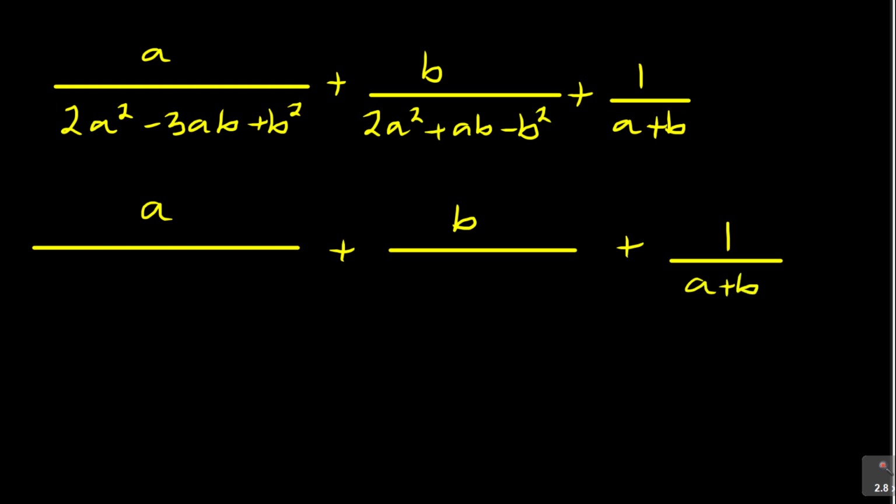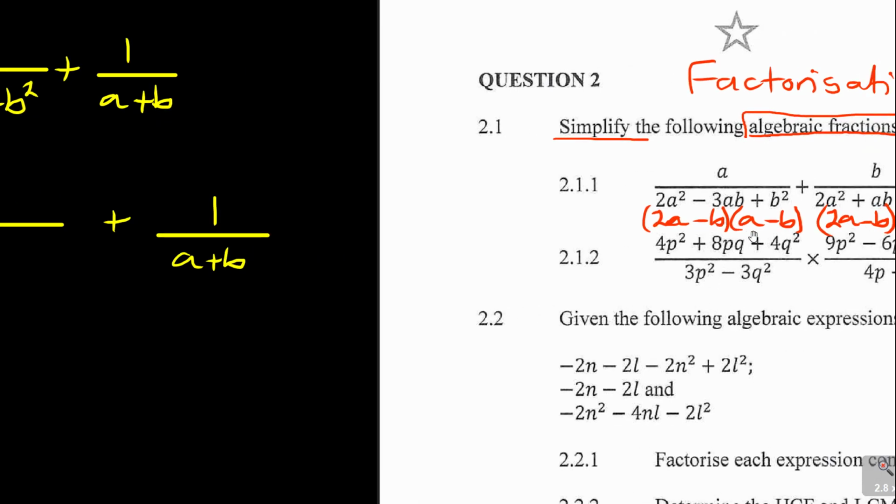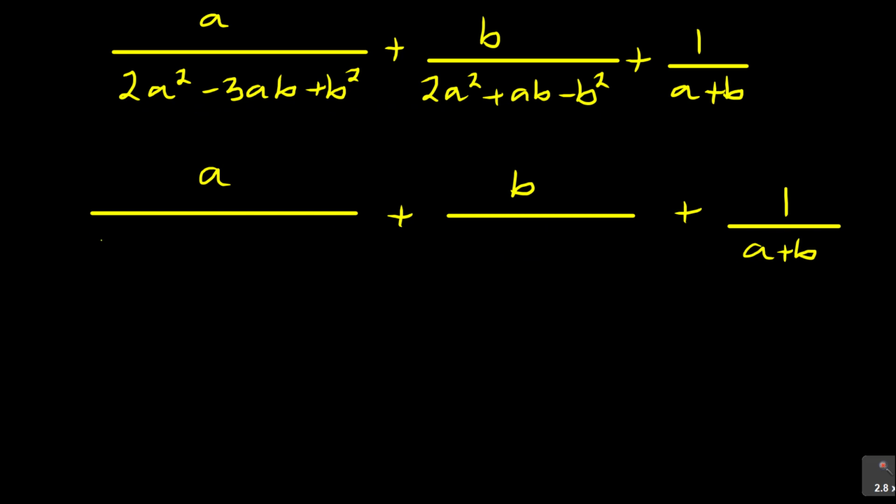So let's look at the first one, a over what? We did that, 2a minus b, a minus b. So that's what I'm writing here from that working: 2a minus b and a minus b.